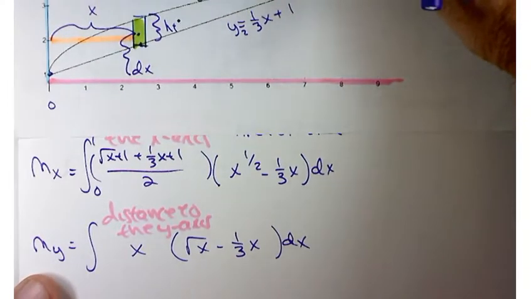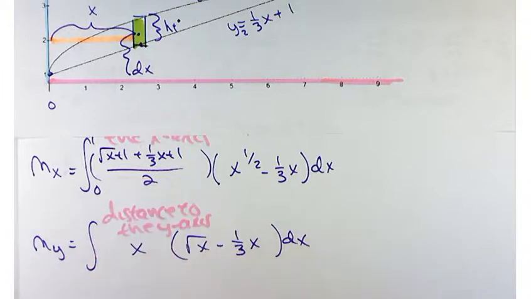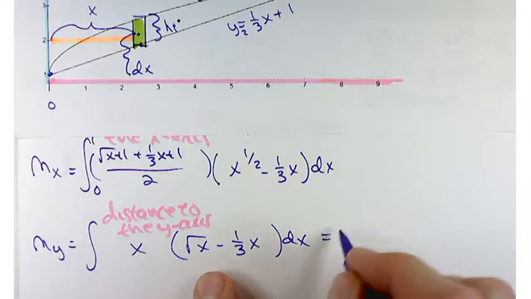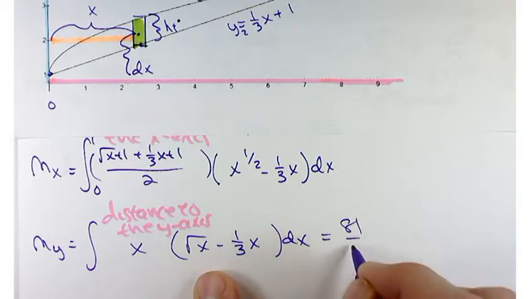Here's a good place where numerical integration can really save us a lot of work. All right. The important thing is being able to do the setup. Now, I did grind it all out. Let's see here. My turns out to be 81 over 5.